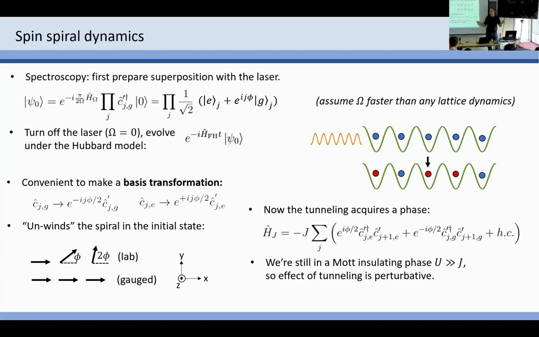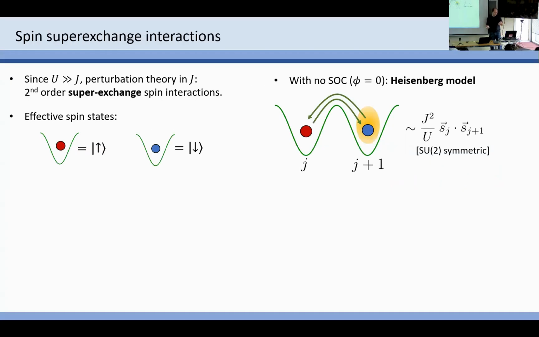But the Hubbard interactions remain unchanged; the price you pay is that the tunneling now acquires a phase. Whether E atoms hop or G atoms hop, they have this e to the i phi or e to the minus i phi. But we're still in a Mott insulating phase, so the effect of this tunneling should still be perturbative, and we basically want to compute what that is.